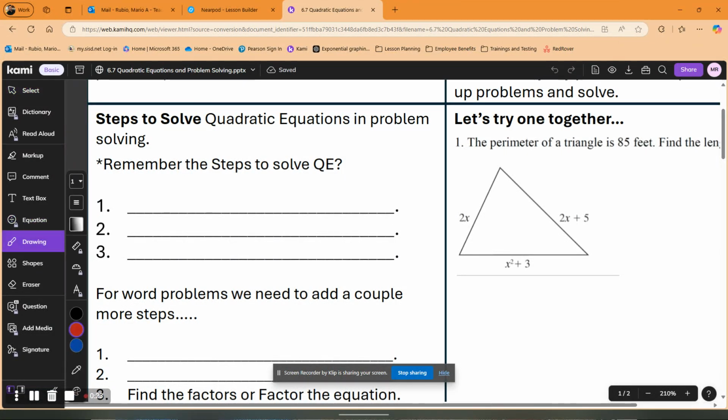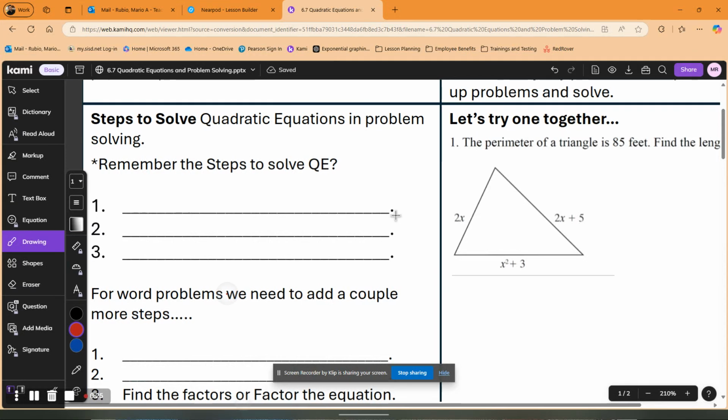The first step was find the factors, or in other words, factor the equation. It's the same thing. We say factor the equation or find the factors.